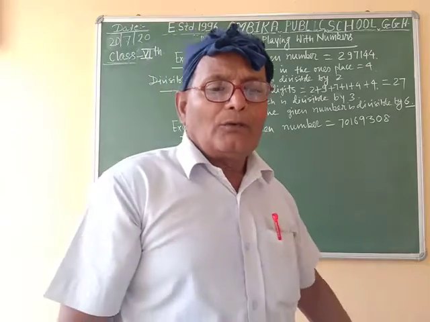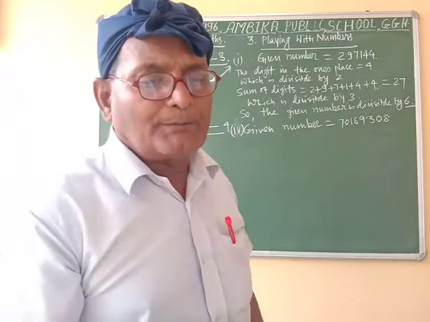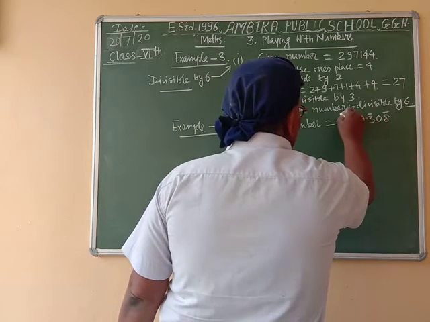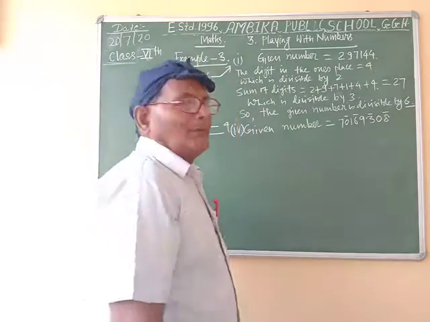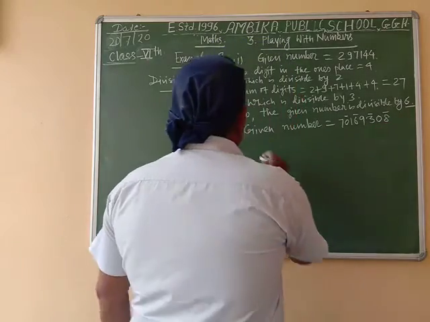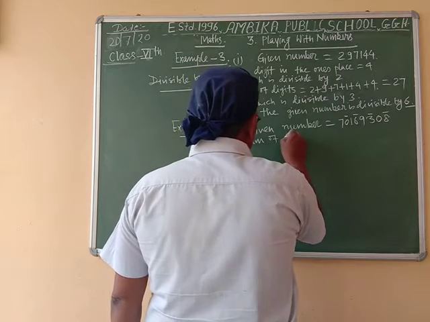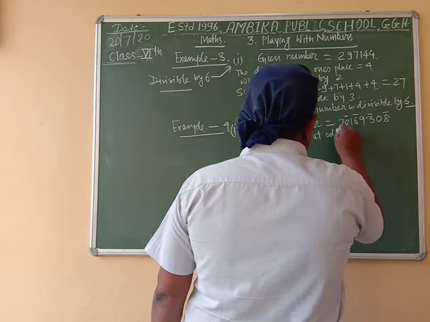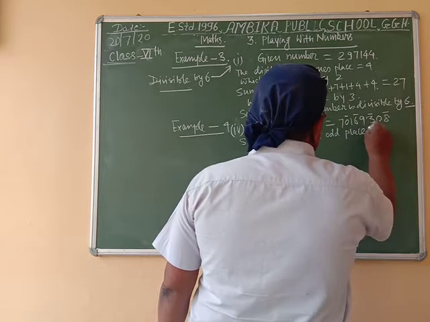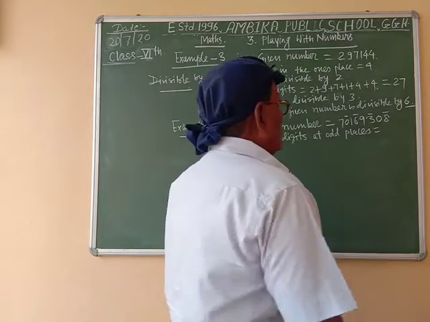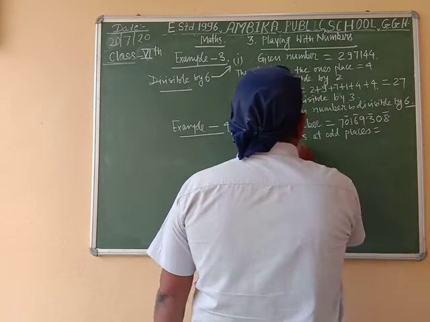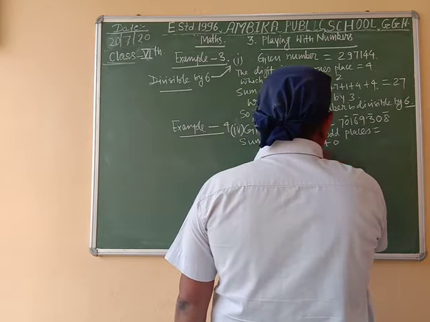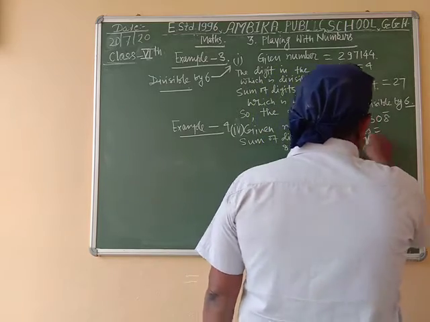So first of all, we find the sum of digits at odd places. The sum of digits at odd places is equal to 8 plus 3 plus 6 plus 0, which is 17.